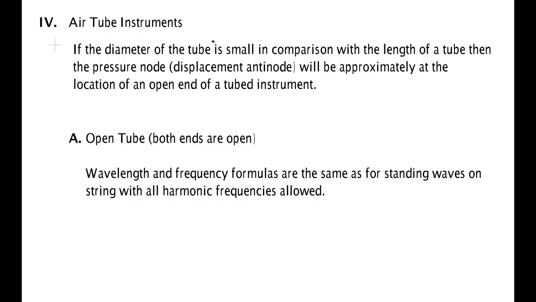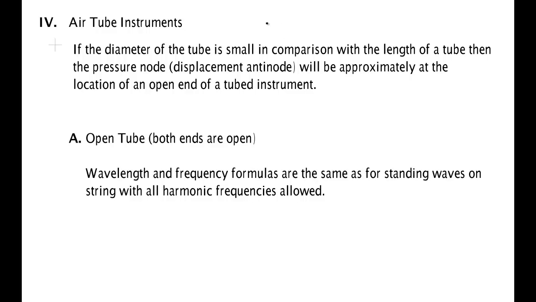In this video, we're going to deal with the interesting case of tube-typed instruments, where we actually can play notes by using the fact that there are boundary conditions on an open or partially open tube.